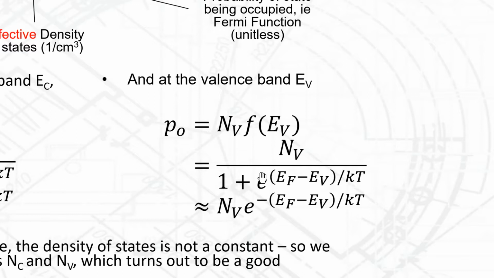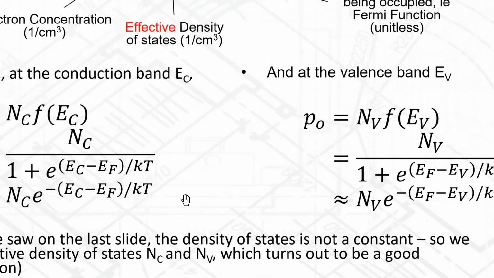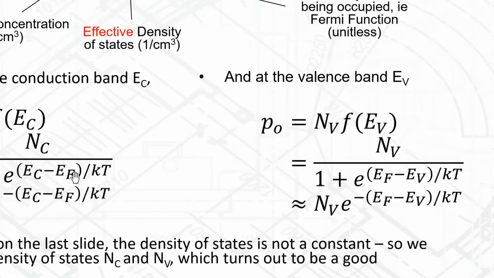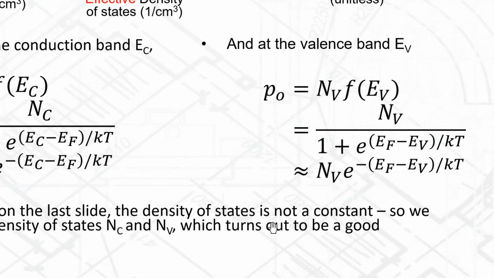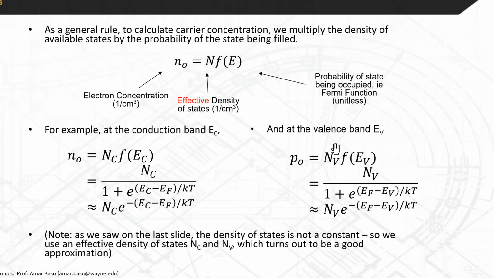The hole concentration is 1 minus the electron concentration. We're not going through all the steps here, but that's how this comes about. It's Ef minus Ev, whereas here it was Ec minus Ef. So the Fermi level was the second term there, and here it's the first term. So Nv e to the (Ef minus Ev) over kT, and again one term goes away.